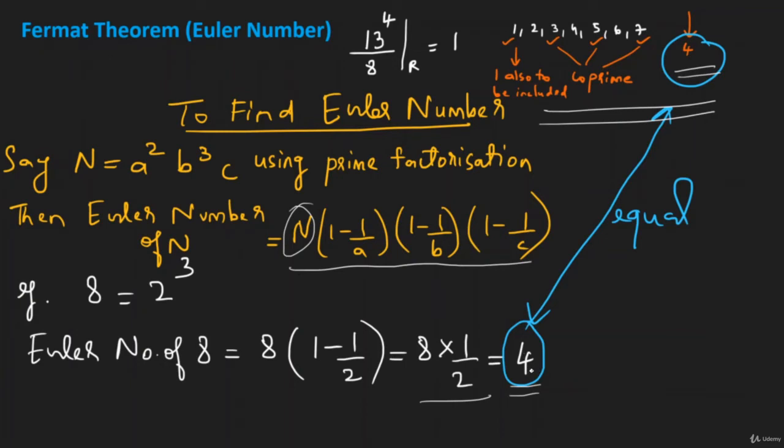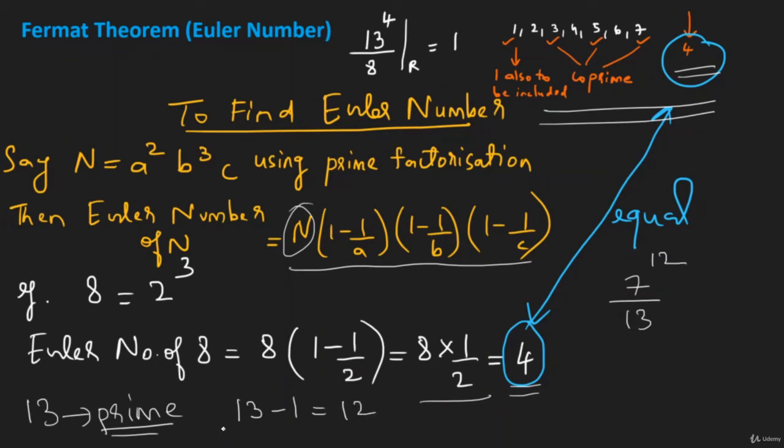Now we have found a method to find the Euler number of any given number. Also remember, in the practice problems we'll see two cases. For example, if you have 7 to the power 13 raised to some power, say 12, you will see that the Euler number of 13 is 12, because 13 is a prime number. For a prime number, if you want to find the Euler number, you just have to subtract 1 from it. So 13 minus 1 will give you 12.